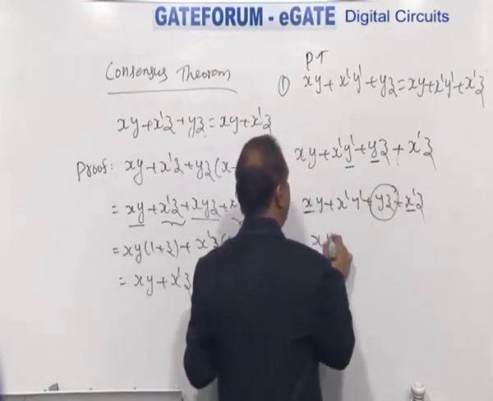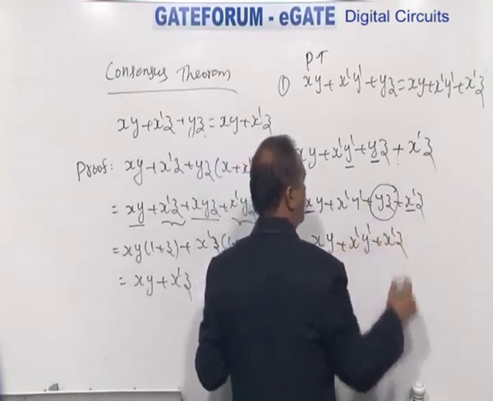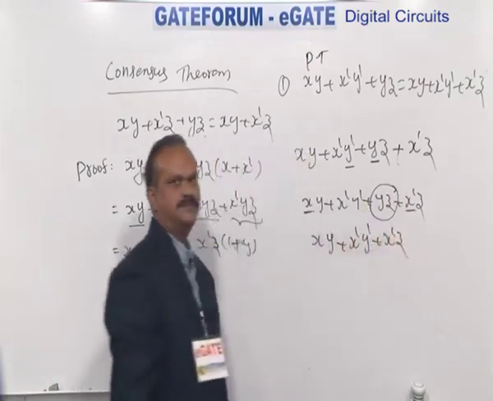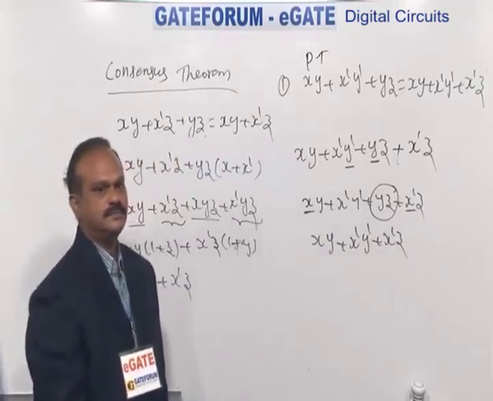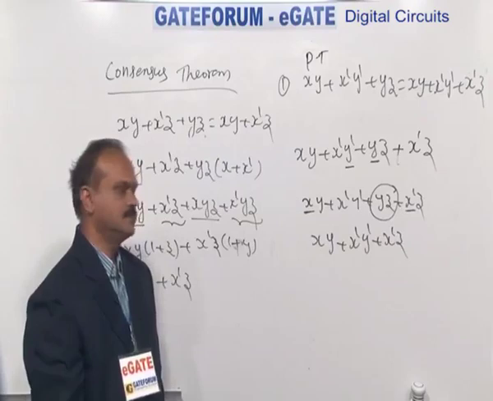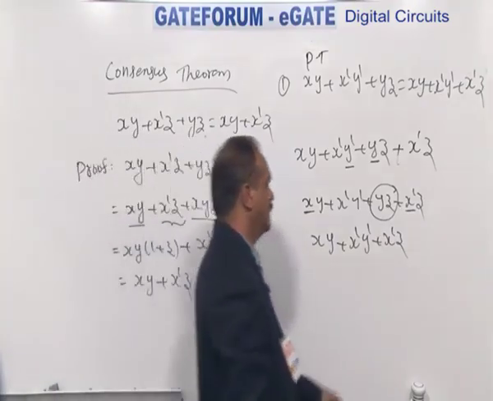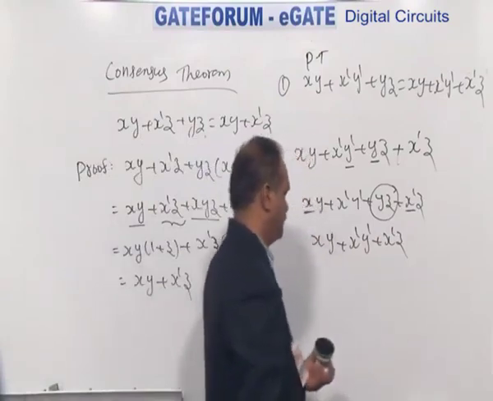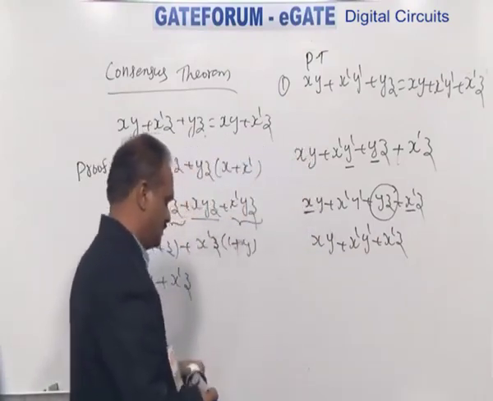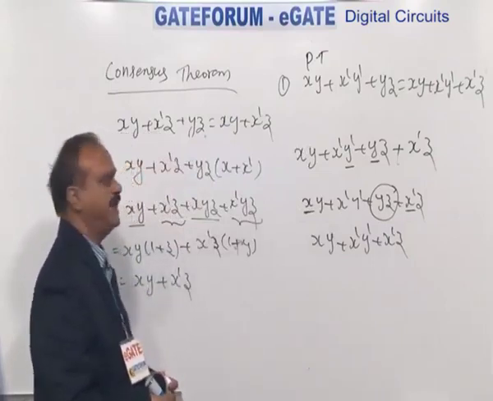Then you will get only xy plus x bar y bar plus x bar z. So now we have proved that the left hand side is equal to the right hand side.